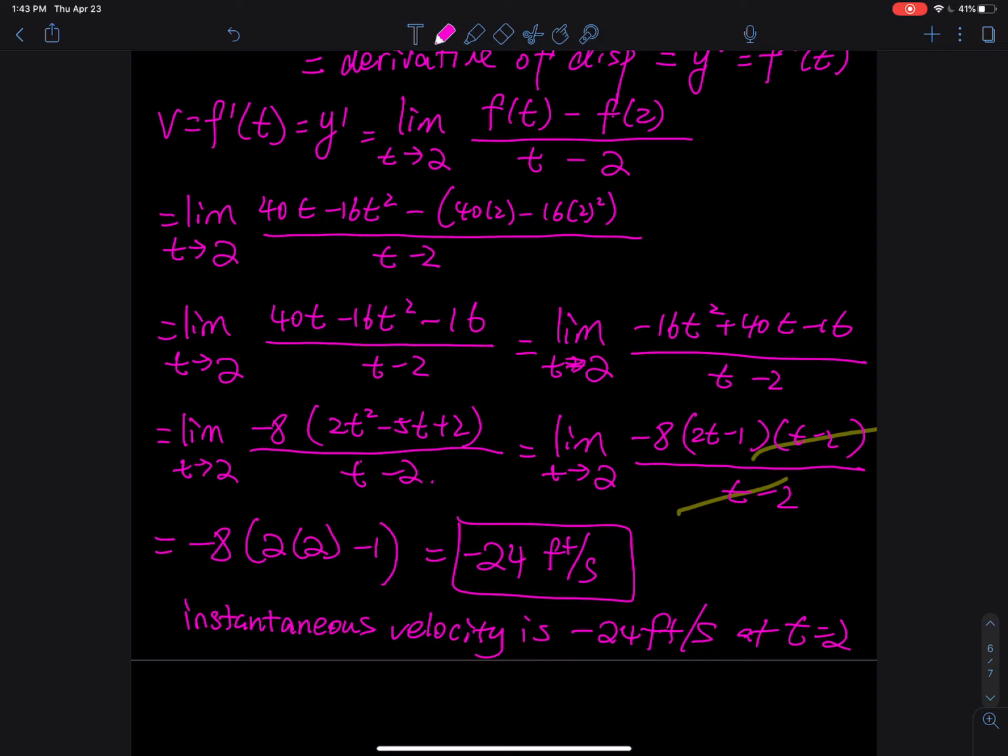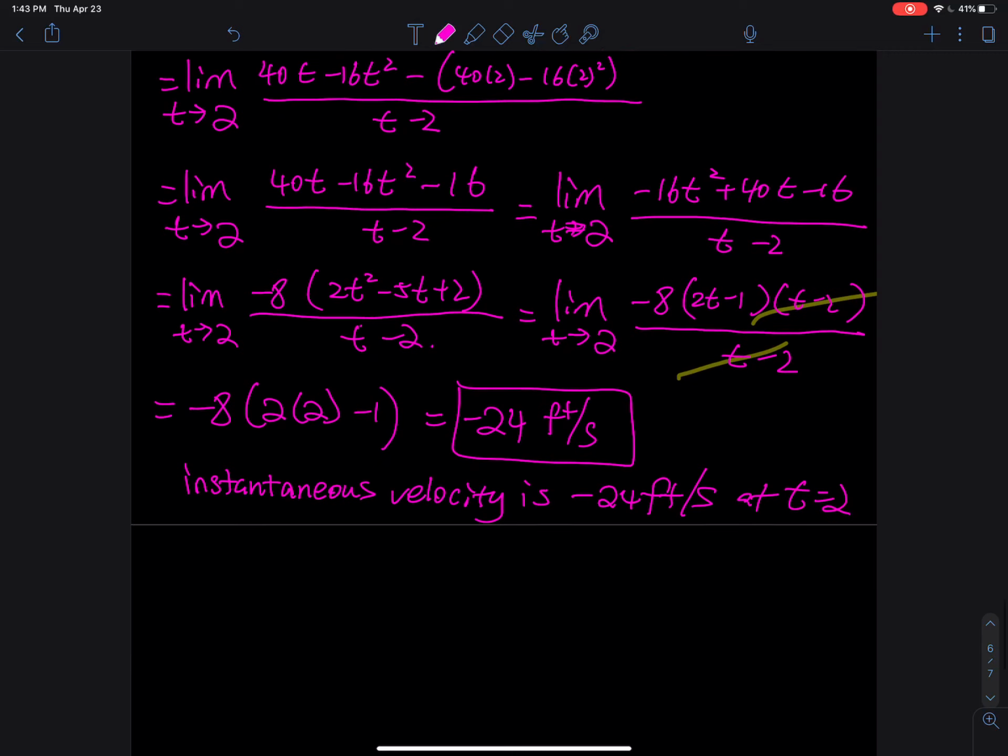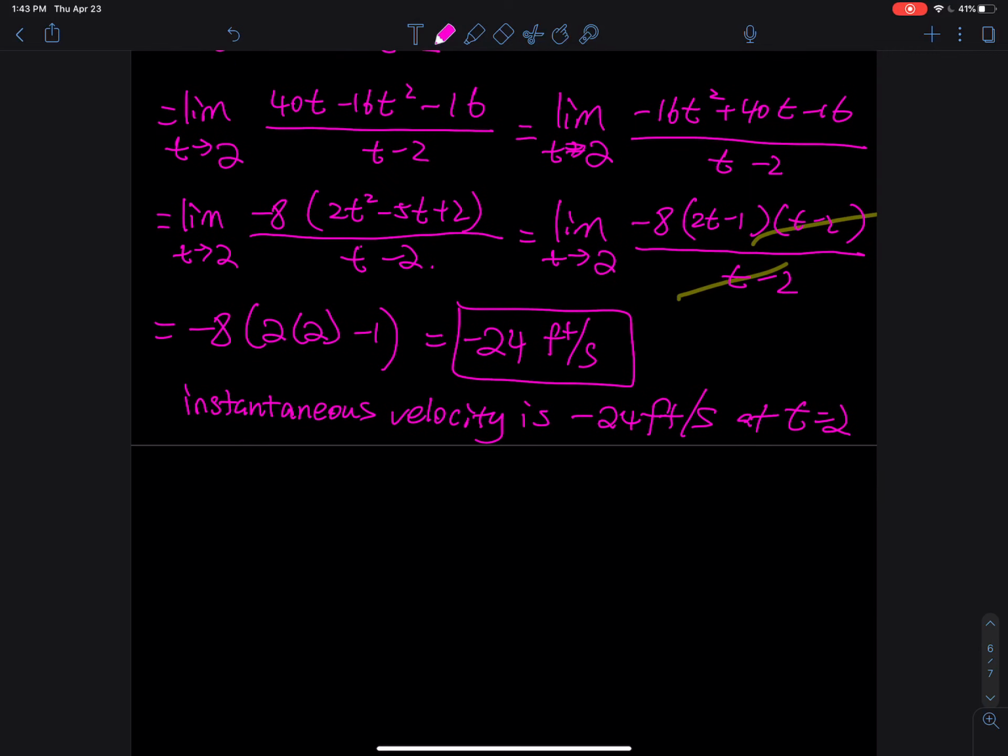Assuming that the given function is a curve, let's say it's a second degree, we assume that we have a parabola. And then when t equals 2, we have a negative slope. So let's say at this point, t equals 2. This is what is given, the f of t in the problem. This is my displacement function.